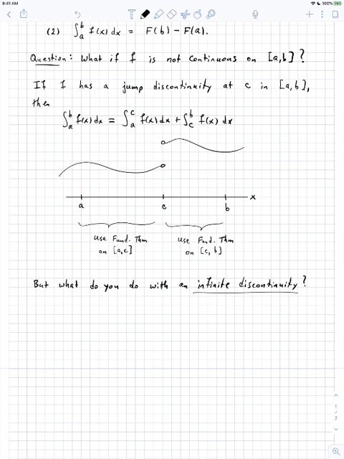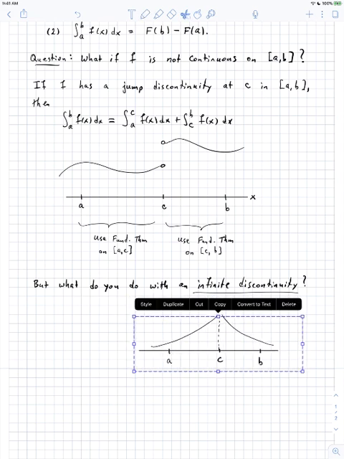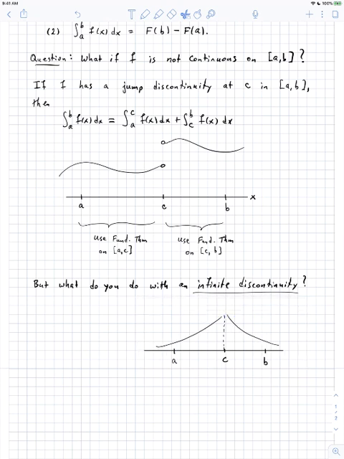For example, you have perhaps some vertical asymptote. So you have something that looks maybe like this. So maybe this is c, and this is a, and this is b. So suppose you have something that looks like this, where you have a vertical asymptote at c.